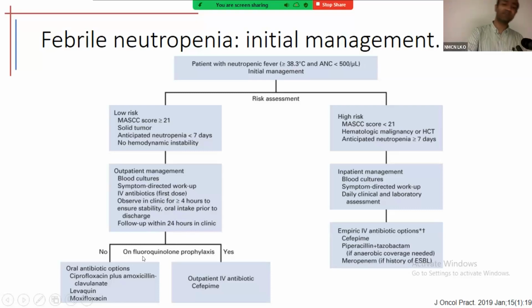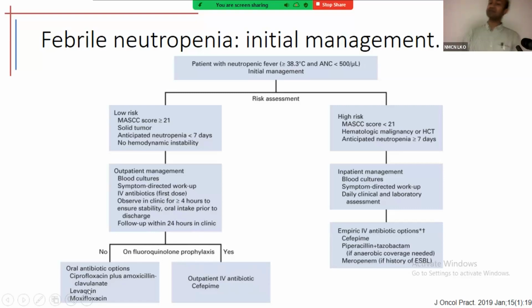You can then stratify whether these patients are on fluoroquinolone prophylaxis. If yes, you can give them outpatient IV antibiotics, that is cefepime, because this patient has developed infection on fluoroquinolone. If they're not on fluoroquinolone prophylaxis, they can be started on a fluoroquinolone, that is ciprofloxacin plus amoxicillin clavulanate, or levofloxacin or moxifloxacin.